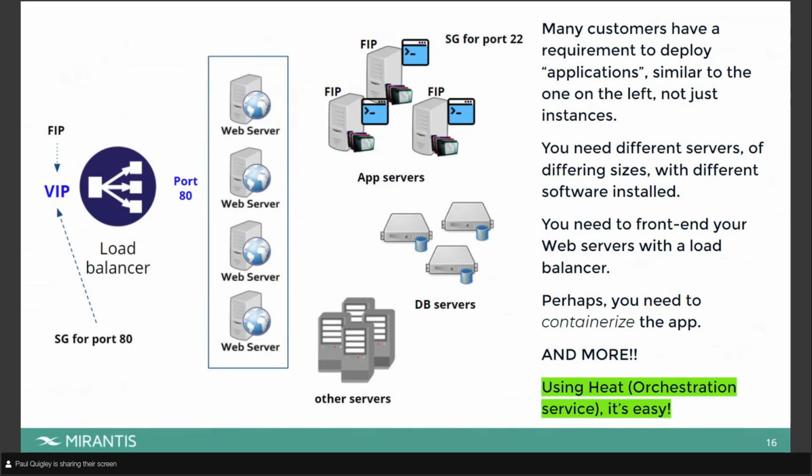So I set that up in my Heat template. I launch my Heat template. That's going to launch my application. So every time my application is going to have the same look and feel, same application code, same web server, etc.